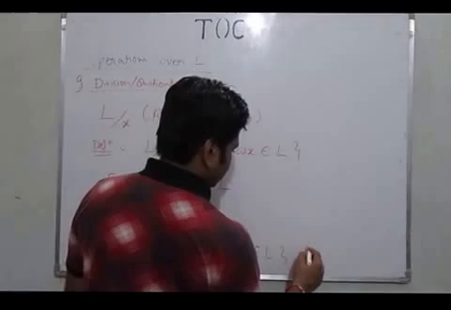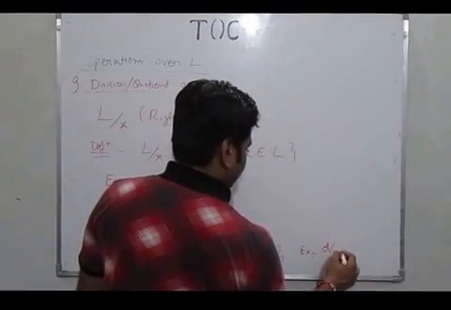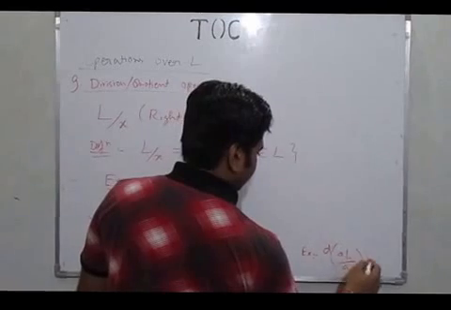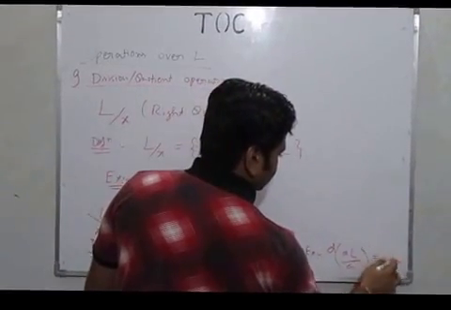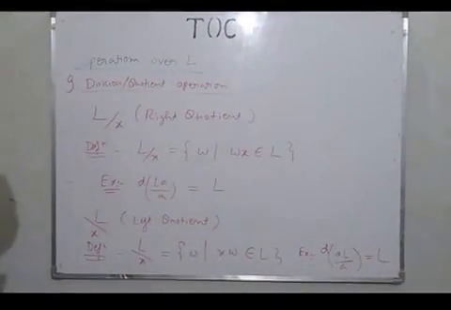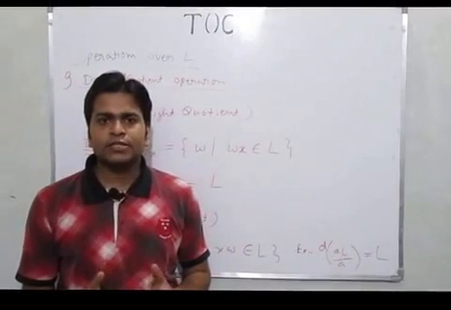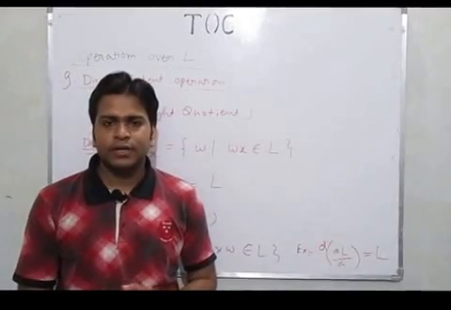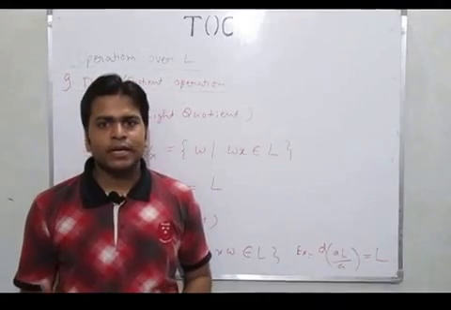And let us take the example. We have AL divided by A, and we would obtain L. So these are the various operations that we can perform over the given language L. So this is all from this lecture on the language. Fine. We will talk about another very important topic about TOC in our next lecture.